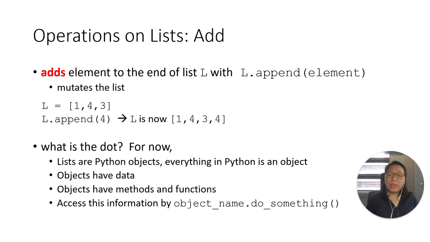For now, we can think of this dot do-something as things that we can call with this object. In this example, it's dot append, so we can append to this object, which we named L.